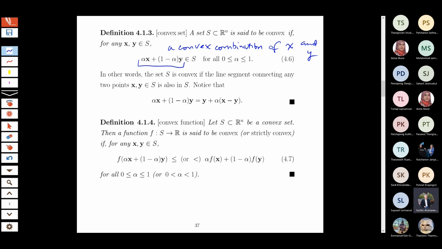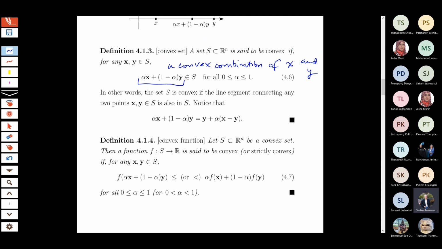Once we define a convex combination of x and y, we can restate the definition: a subset S in Rn is said to be convex if for any two points x and y belonging to the set S, any convex combination of x and y is also a point in the subset S for all scalar alpha between 0 and 1.